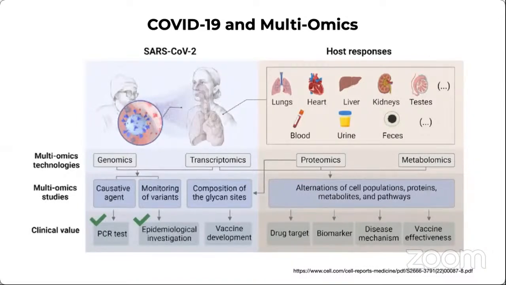But we have a whole plethora of omics data from the host and from the pathogen responses, which can be integrated into big multi-omic studies. That aspect of the pandemic scenario has not been explored in detail so far.